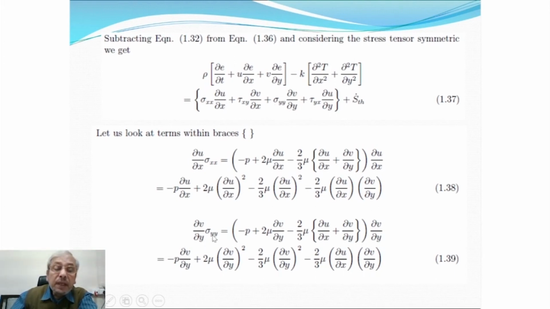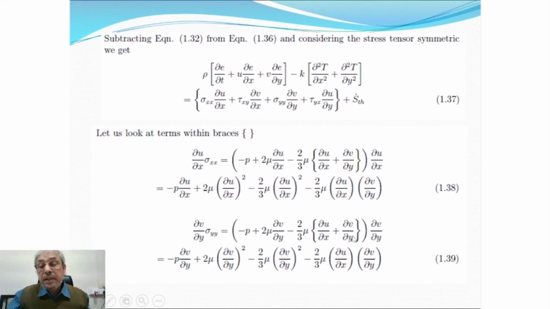So del v del y into sigma y equal to minus, so sigma y again normal stress in y direction. So minus p plus twice mu del v del y minus 2/3 mu into del u del x plus del v del y. We are not writing del v del x plus del u del y.